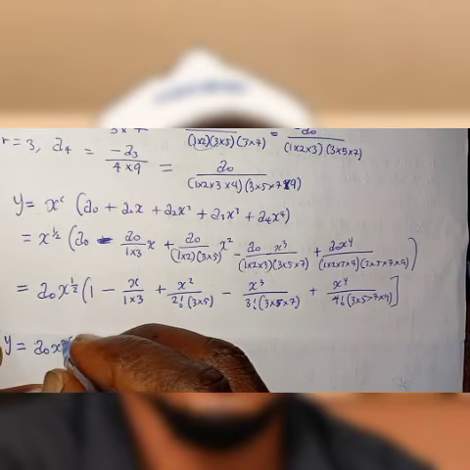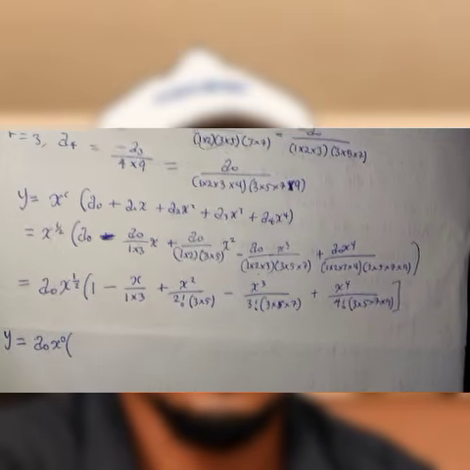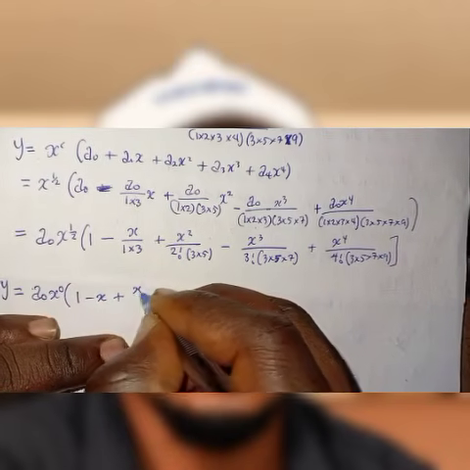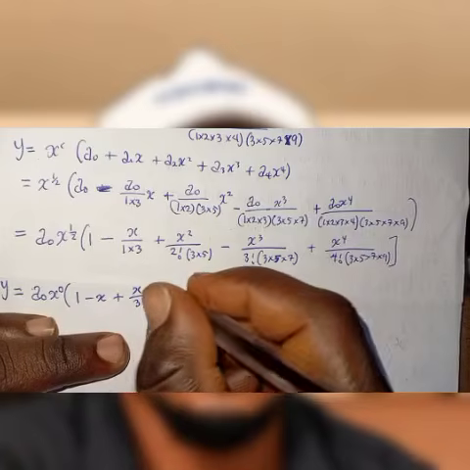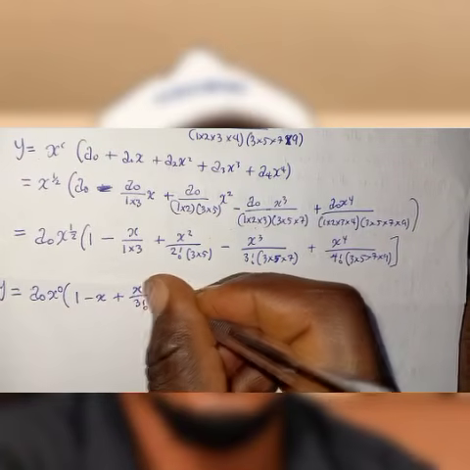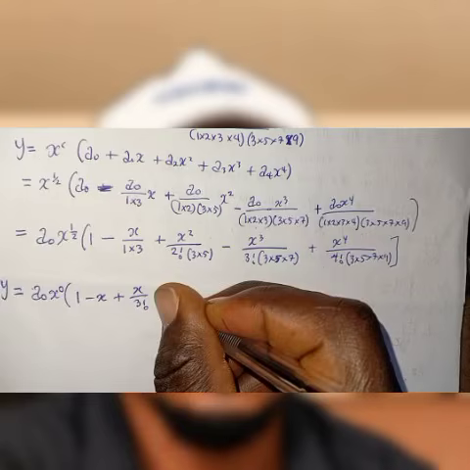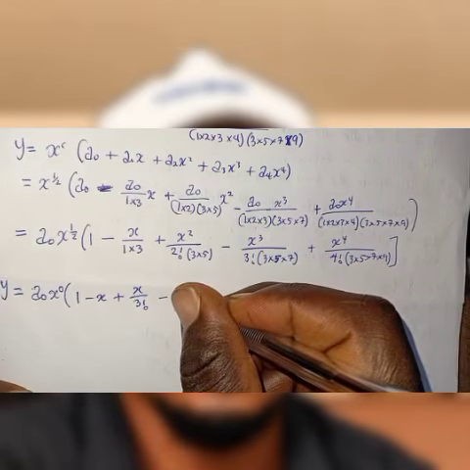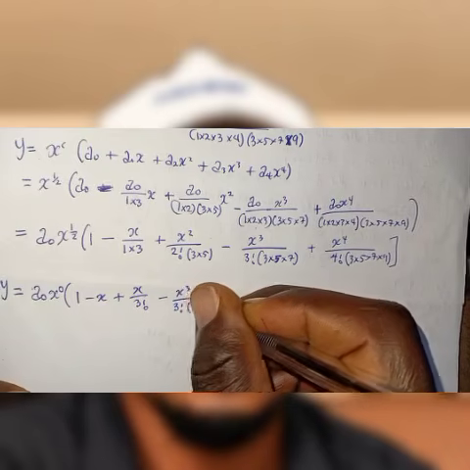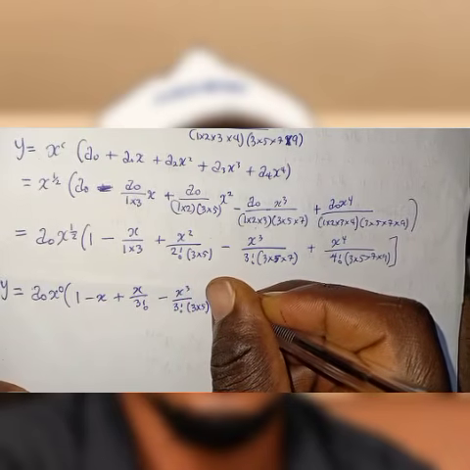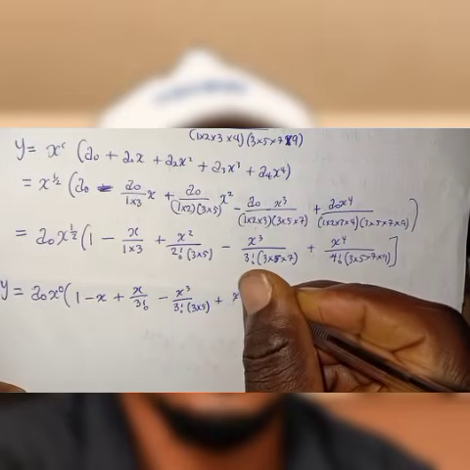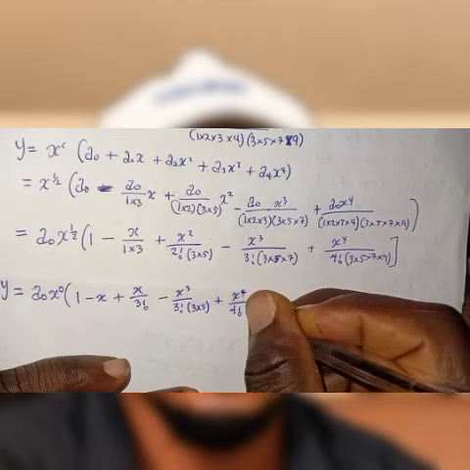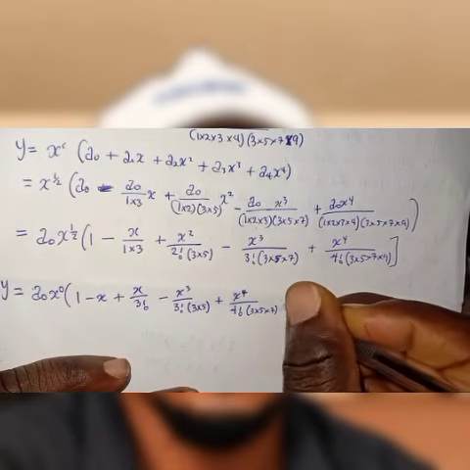Now for the first one, we have 1 minus x plus x to the power 3 factorial, that is 3 times 2, minus x cubed over 3 factorial. So we have 2 times 3, then this one will be 3 times 5, then plus x4 over 4 factorial, 3 times 5 times 7.